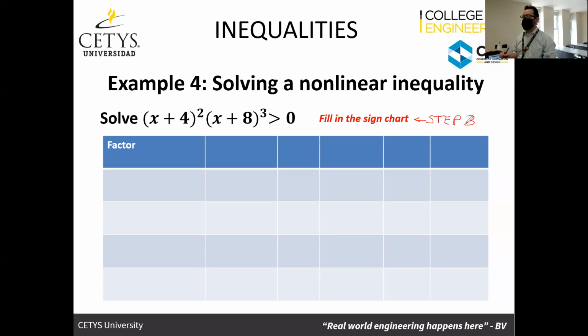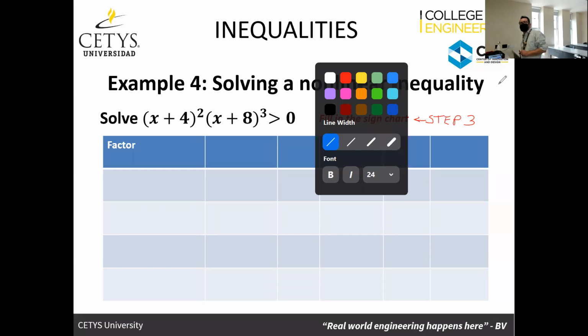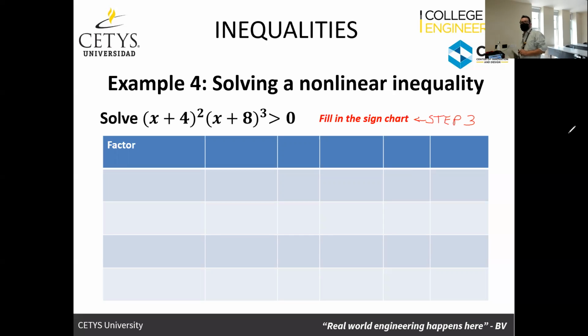And how are we going to fill in the sign chart? Well, on the top, the columns are going to be the ranges that we had defined. So it's going to be from minus, let me make the width of that line a little bit bigger.